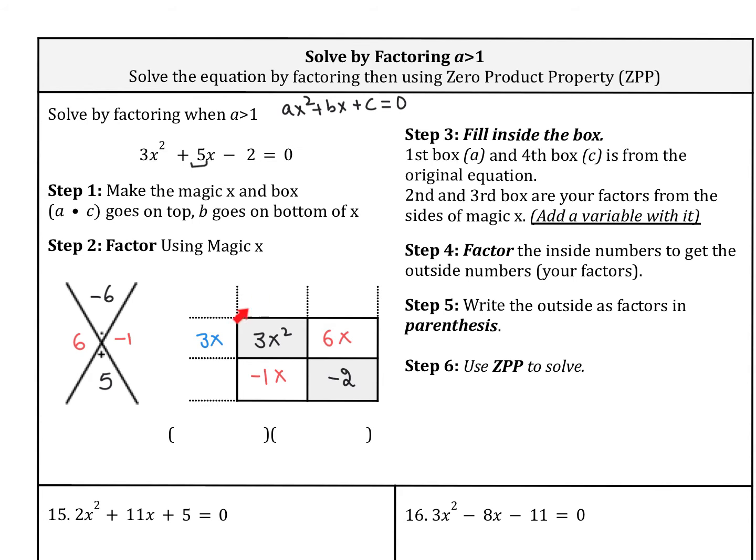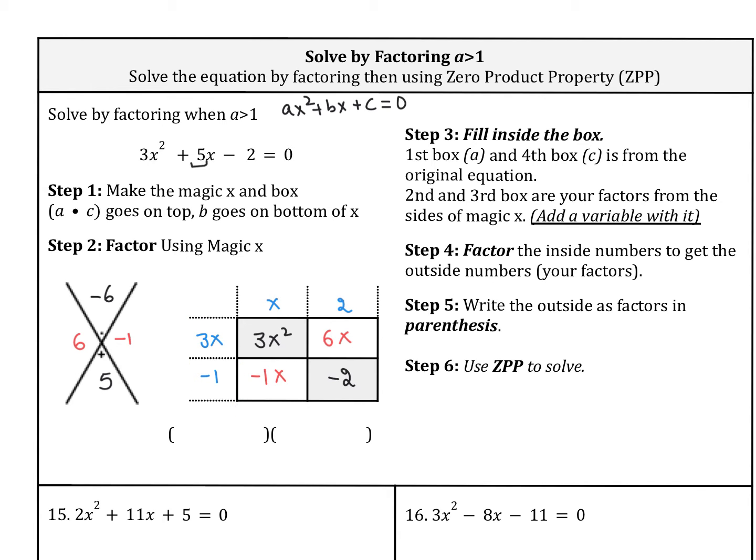When you multiply these two, you get 3x squared. So the number that goes here should be x, because 3x times x is 3x squared. 3x times 2 is 6x, so the number that goes here is 2. The number that goes here, when you multiply these two, you get negative 1x. That number should be negative 1. Negative 1 times x is negative 1x. Negative 1 times 2 is negative 2.